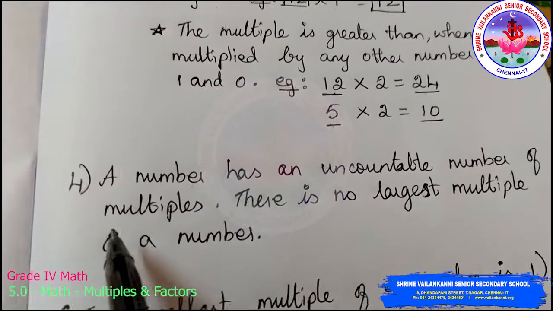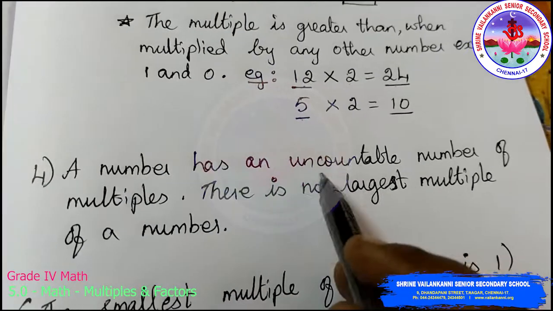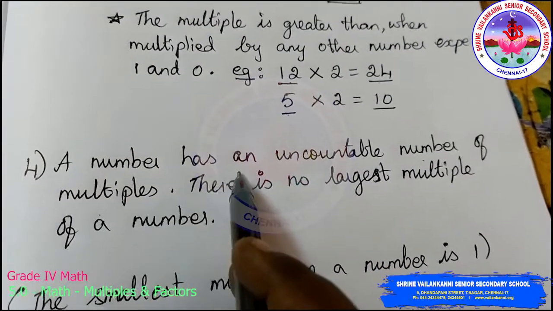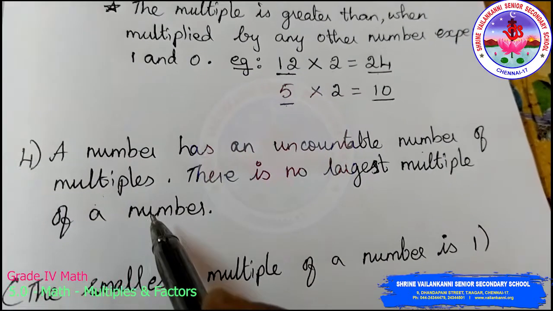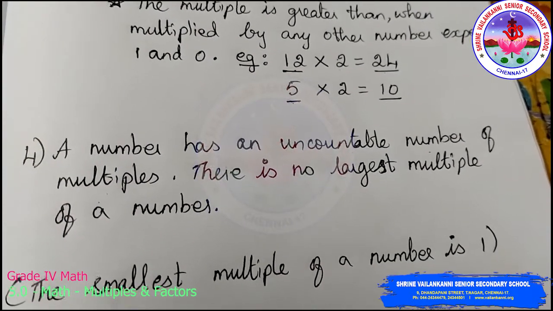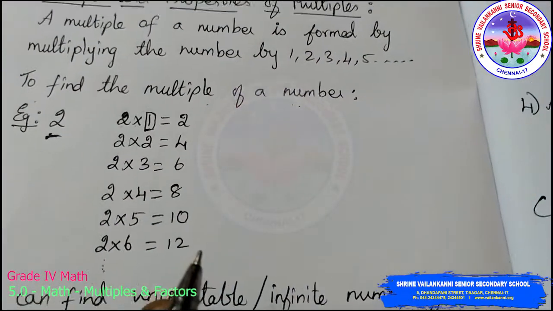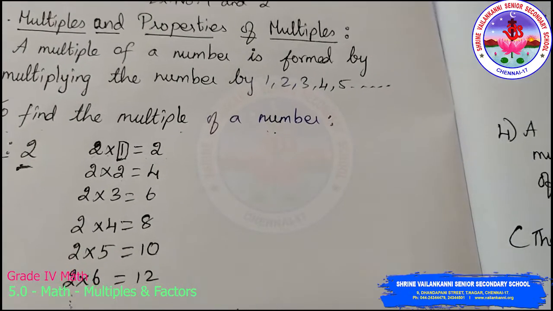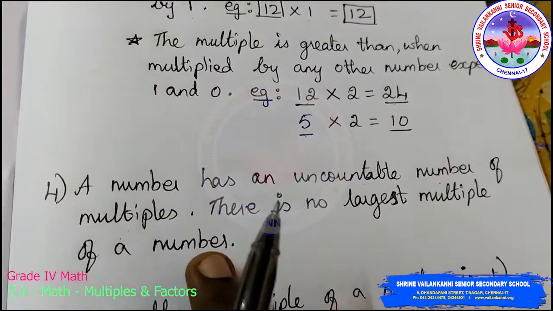Now we will move on to the fourth property: a number has an uncountable number of multiples. This is what I told you when I taught what a multiple is and how we can find multiples. We can find any number of multiples for any number, and that information is given in this property.